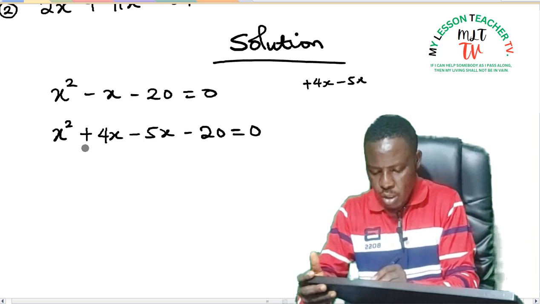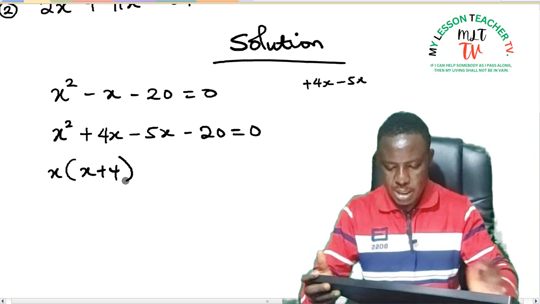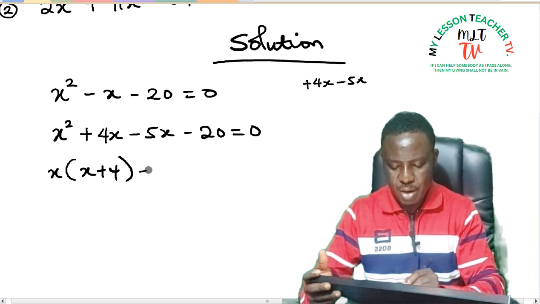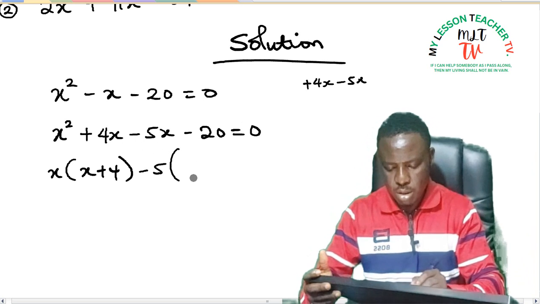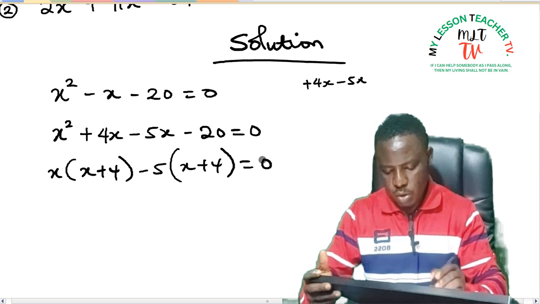Factorize them in 2's. If you look at the first 2 terms, you agree with me that x is common. So we have x into bracket x plus 4. And in the next 2 terms, you agree with me that minus 5 is common. So this becomes minus 5 into bracket x plus 4 is equal to 0.